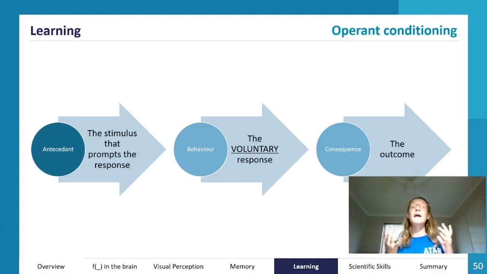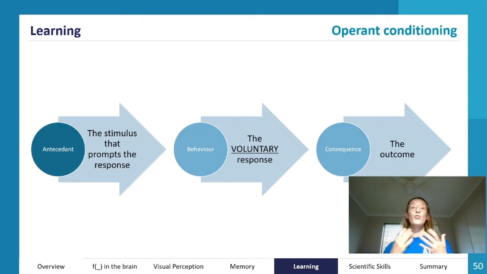So if a parent was using the idea of operant conditioning to teach their children, for example, the antecedent, the stimulus that prompts the response, could potentially be if two siblings were fighting. So the antecedent, the environment, is right for the voluntary behavior response to follow.